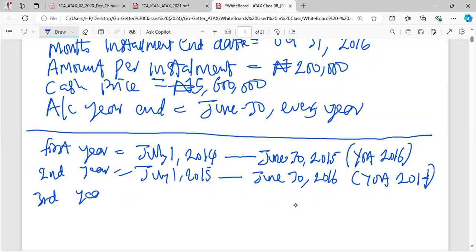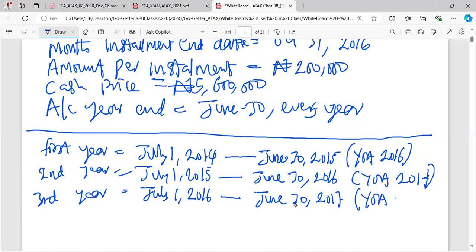Third year will be July 1, 2016 down to June 30, 2017. This is where we will find our October 2016. So this is going to be year of assessment 2018.